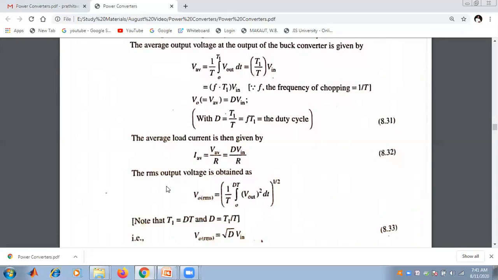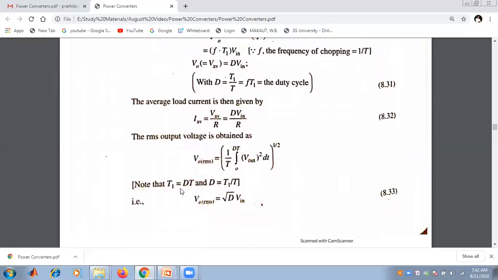So now what is the RMS output voltage? RMS means first we do the square, followed by the mean, followed by the root.